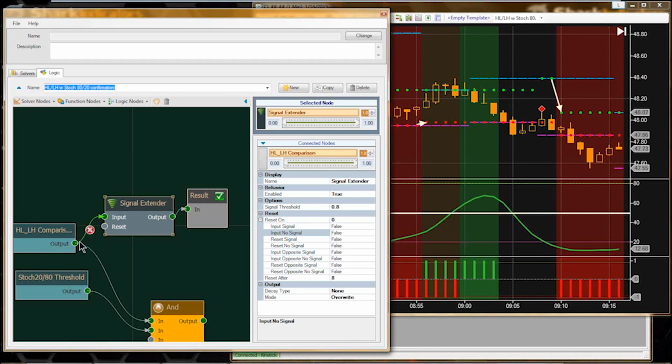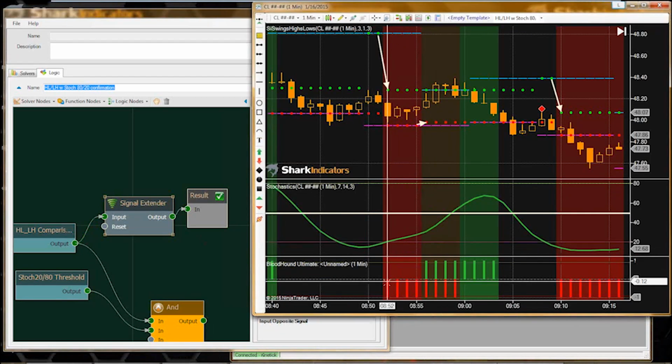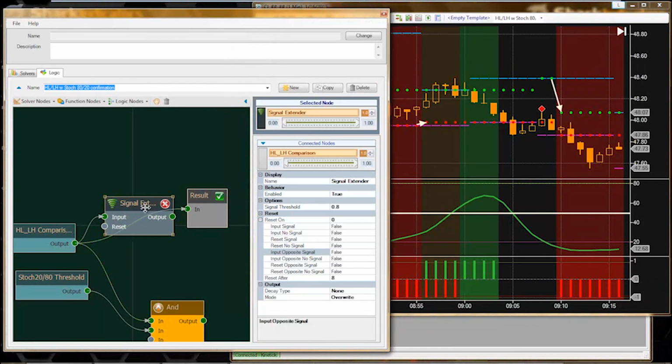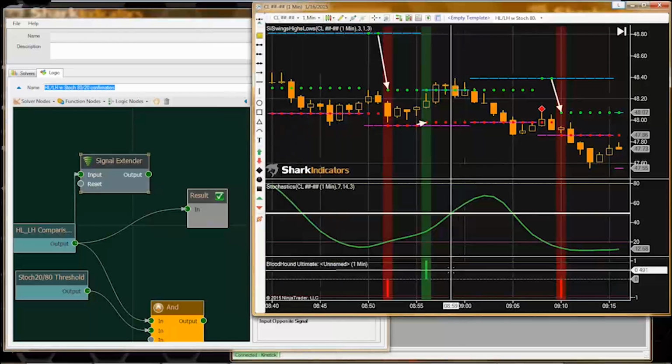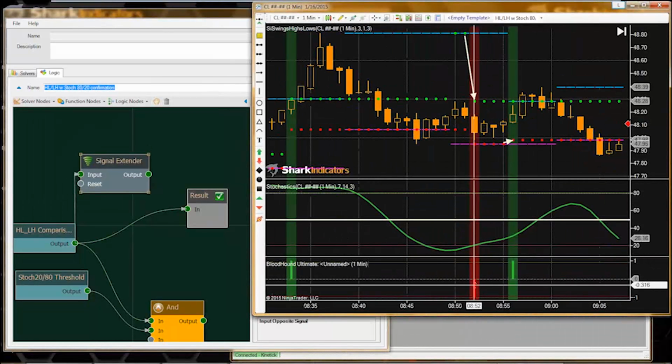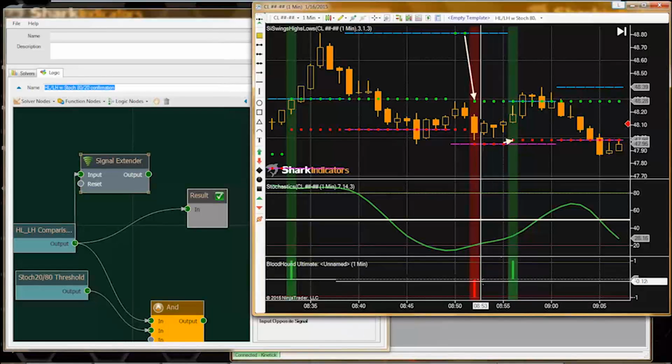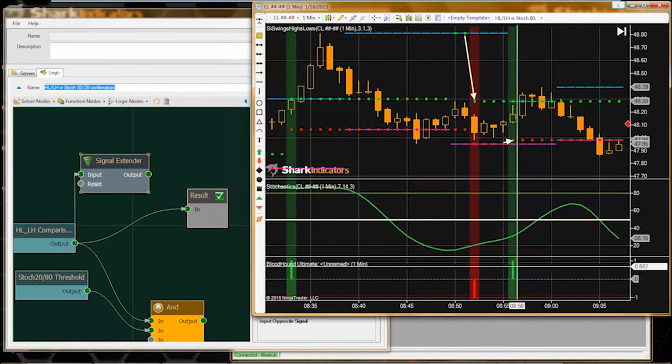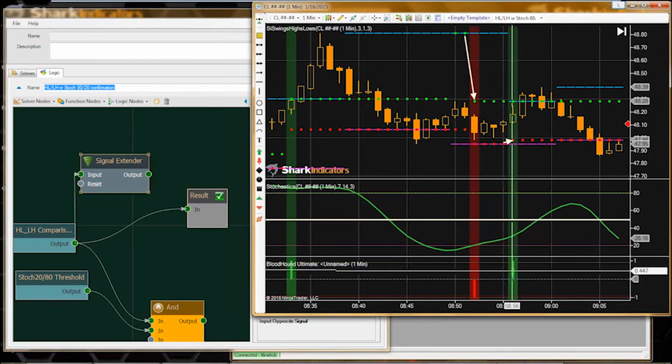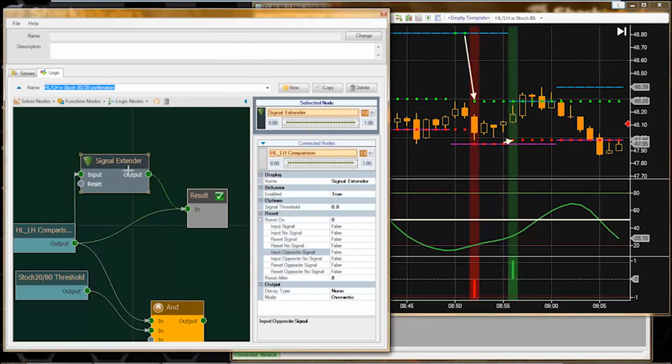So if we have an input of the opposite signal, in other words, we got an input here of this short signal. The short signal came in, and then this opposite signal. So the long is opposite of the short, so this long is considered an opposite signal, and this opposite signal came in.